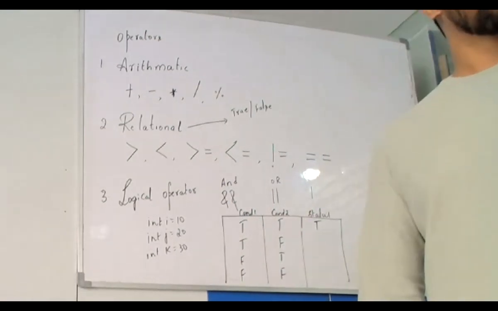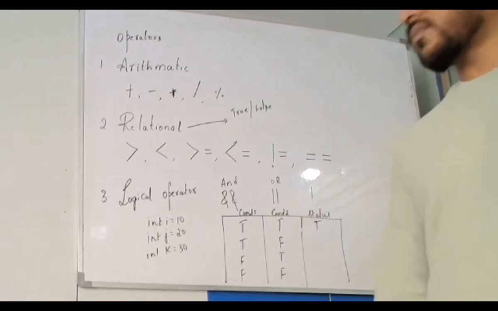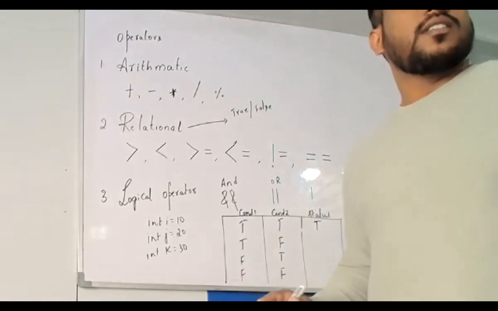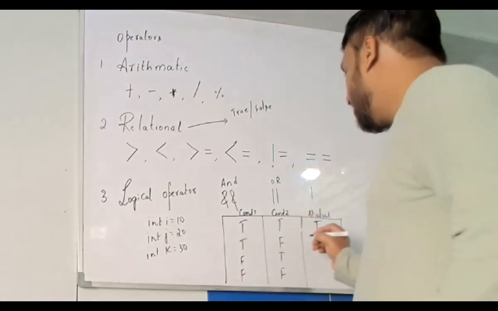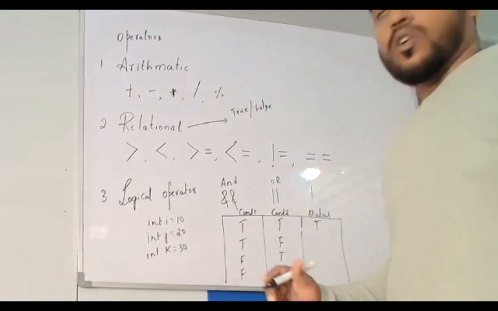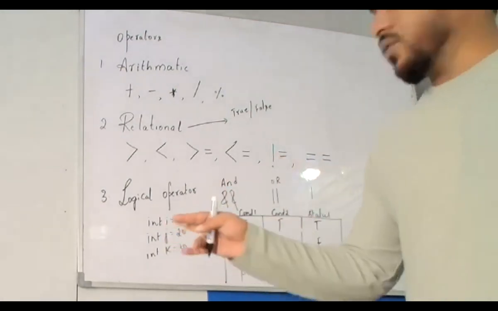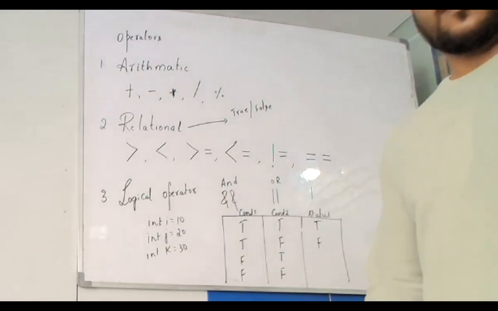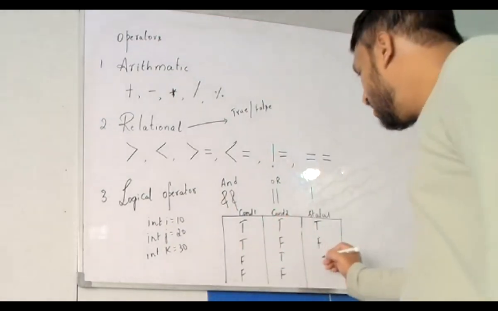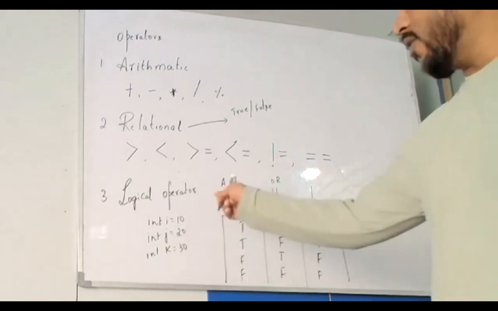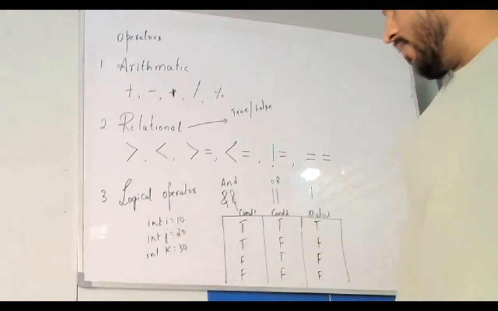If the first condition is true and the second condition is false, the output is false. When both conditions are true in the AND operator, you will get true. If any one condition is false, the output is false. This is the AND operator. I will show you an example.